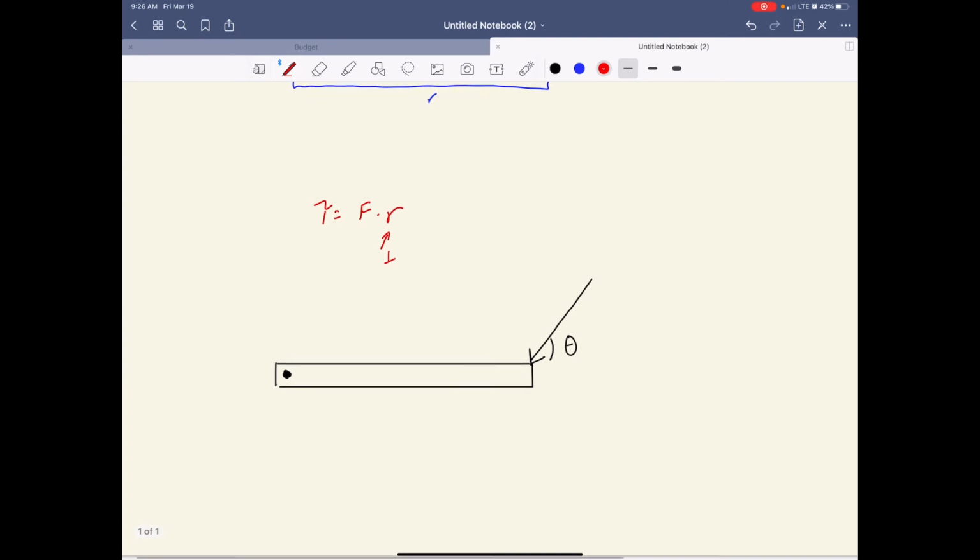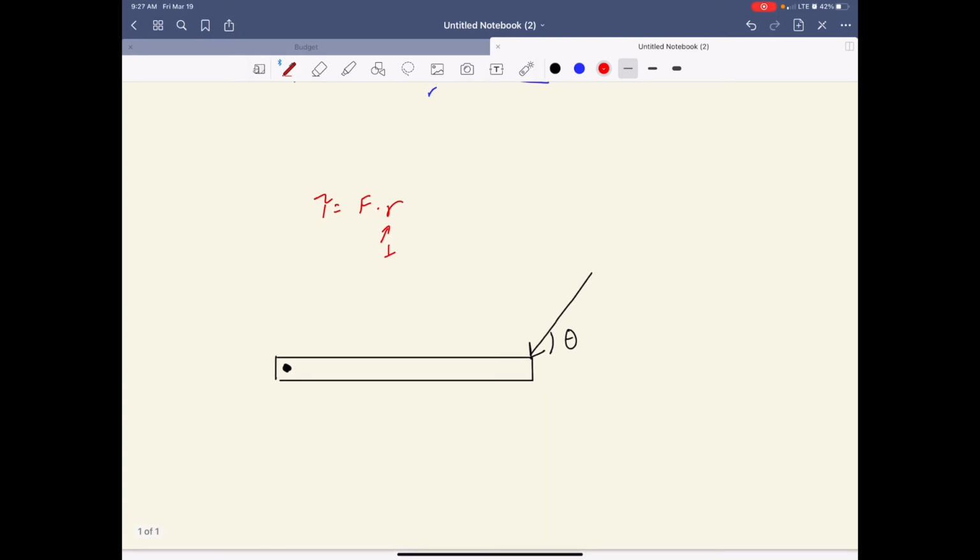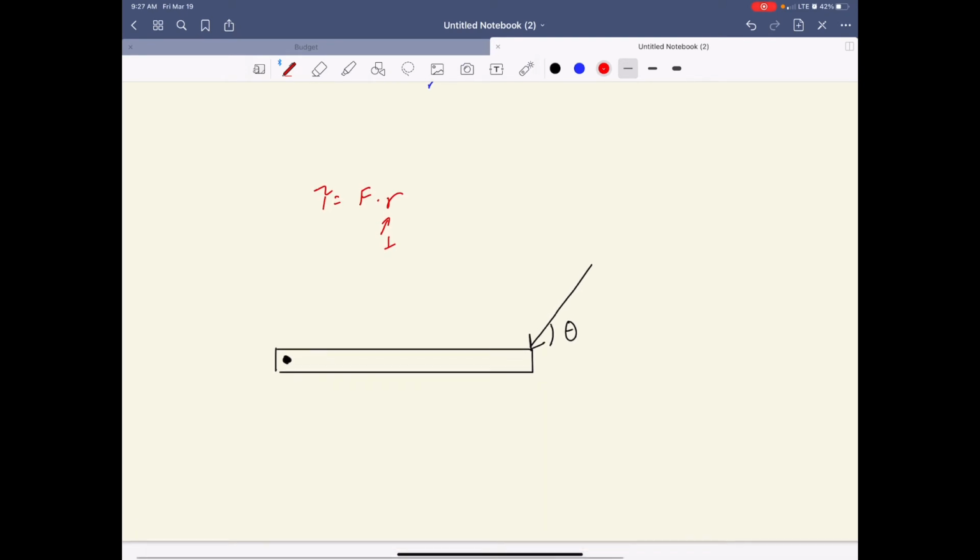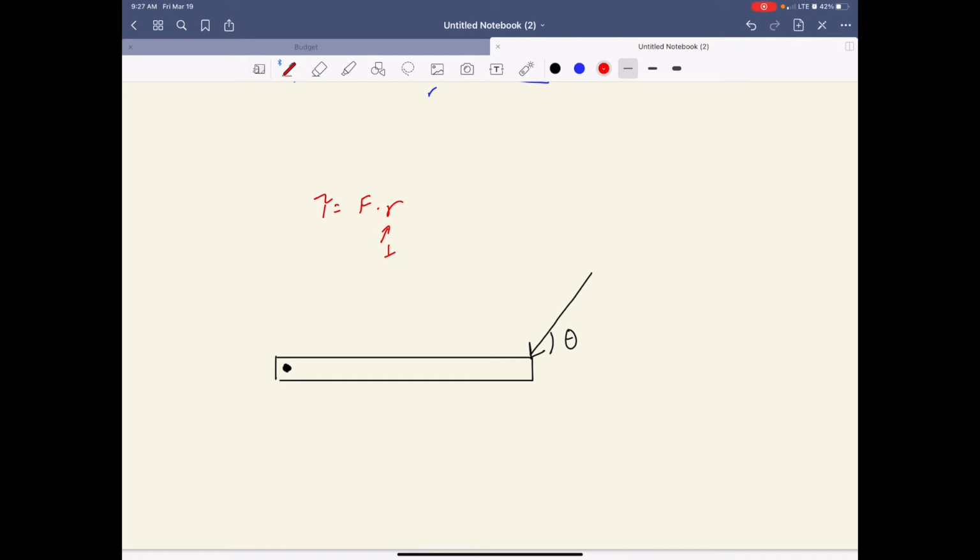What I've seen a lot of times, like on hyperphysics.com, on Wikipedia, different YouTube videos, is that you're looking for the perpendicular component of the lever arm to the applied force. It doesn't seem like a big difference, but it actually is, just in terms of conceptual. What they're saying is, don't adjust the force at all. Just continue this force. This is called the line of action, by the way.